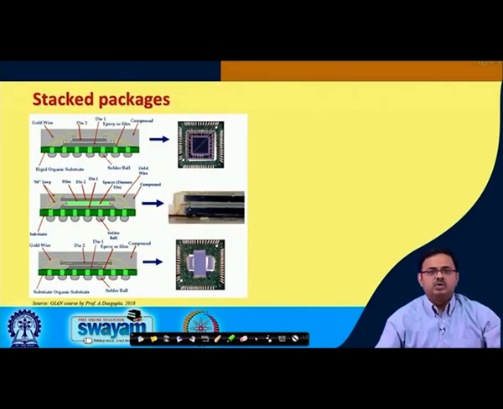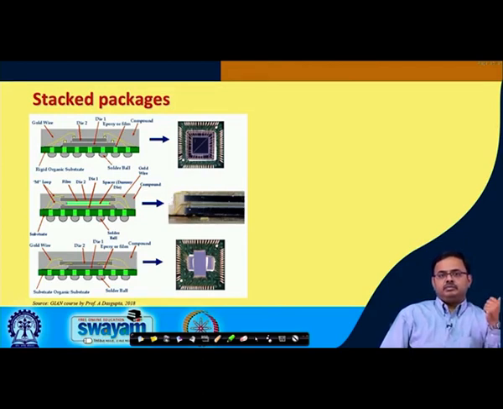So, now let me mention something over here. When you come to 3D stacking, it is also possible that the first layer, die 1 in this case, does not necessarily have to be wire bonded silicon. It can be flip chip bonded as well.